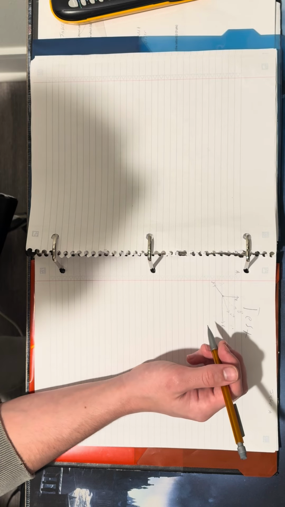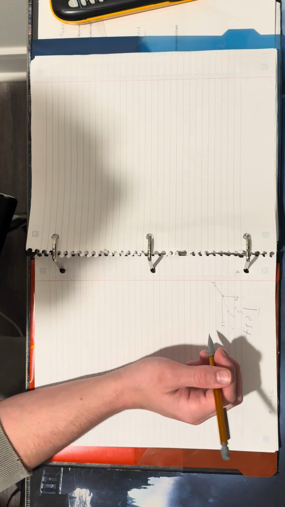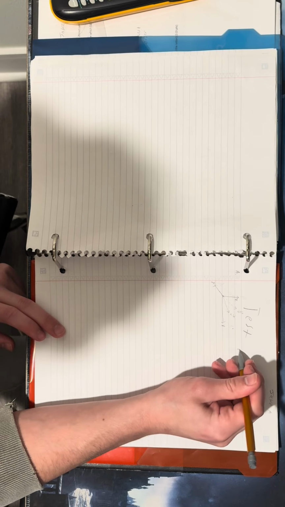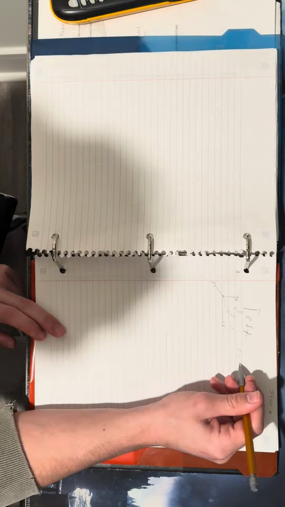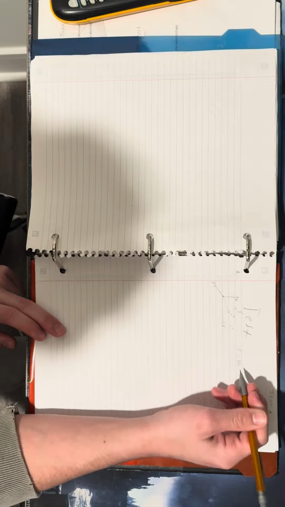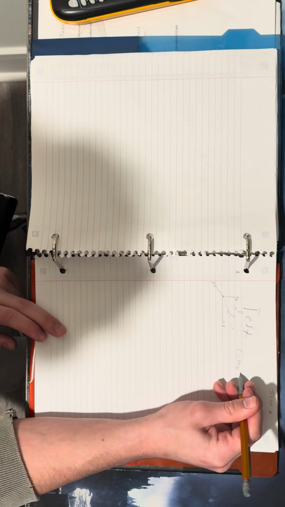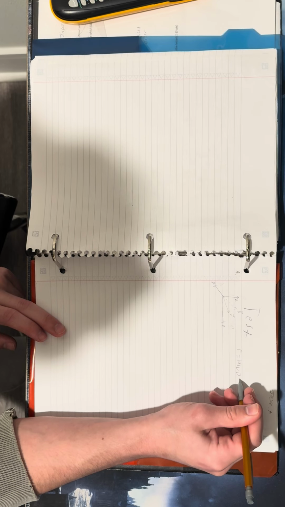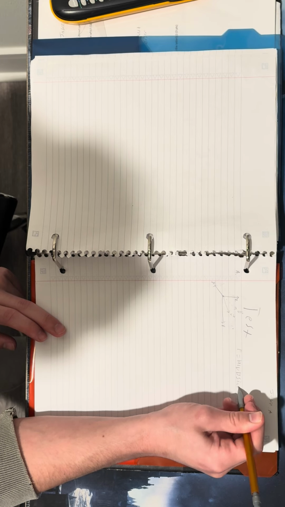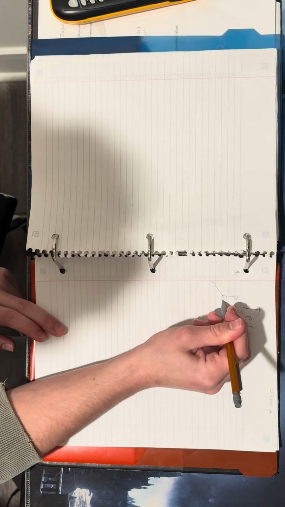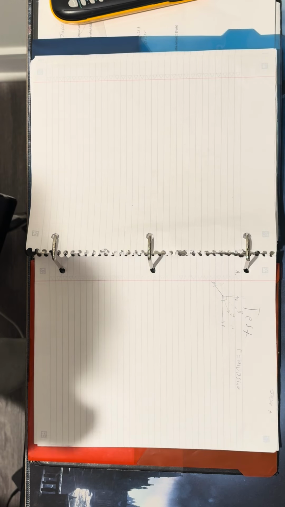Okay. So for that, we're going to use the magnetic force law, which is force equals charge times velocity times the magnetic field times sine of the angle. We also have our angle right here.